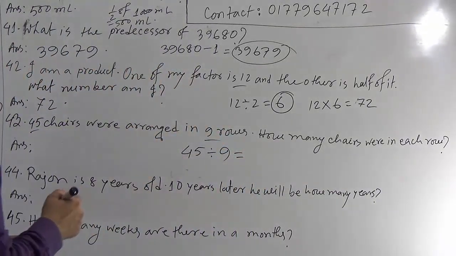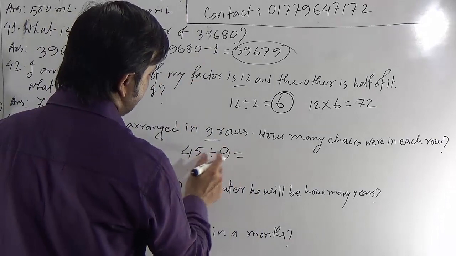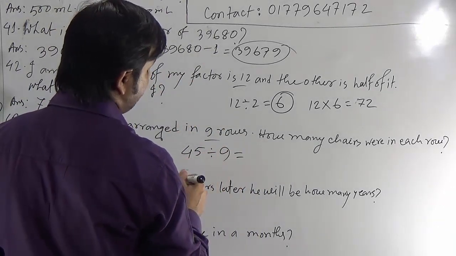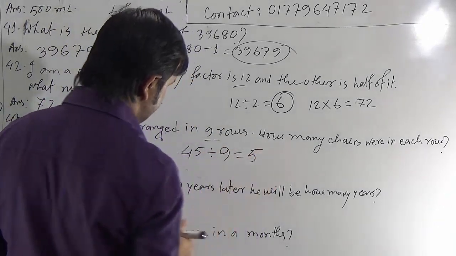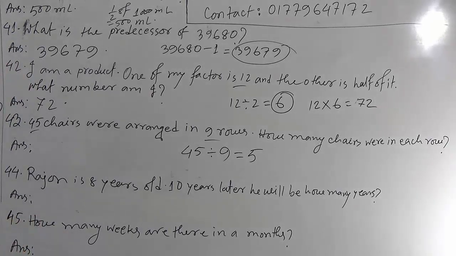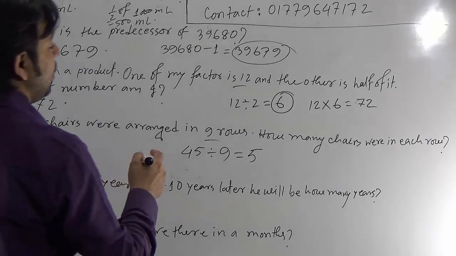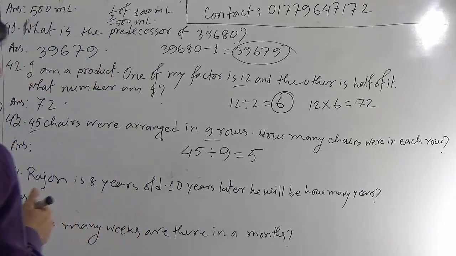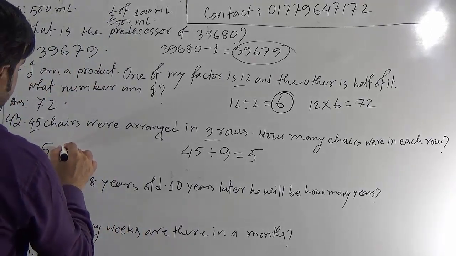Here the number of rows is 9. So if we divide 45 by 9, we will get 5. So the number of chairs in each row is 5. It means 5 chairs.